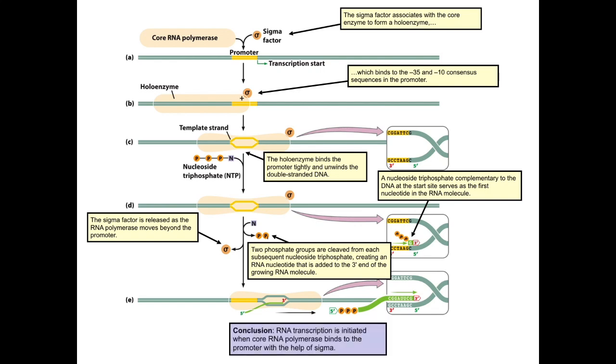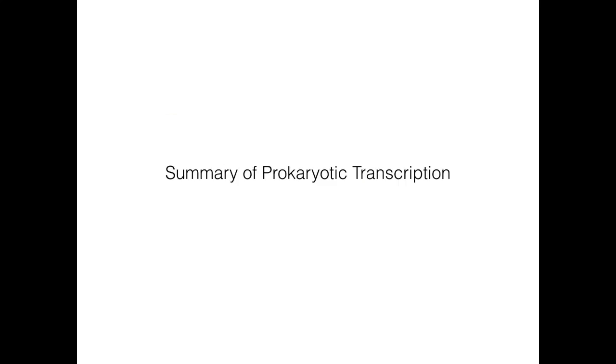So RNA transcription is initiated when core RNA polymerase binds to the promoter with the help of the sigma factor. And here's an animation that summarizes prokaryotic transcription.